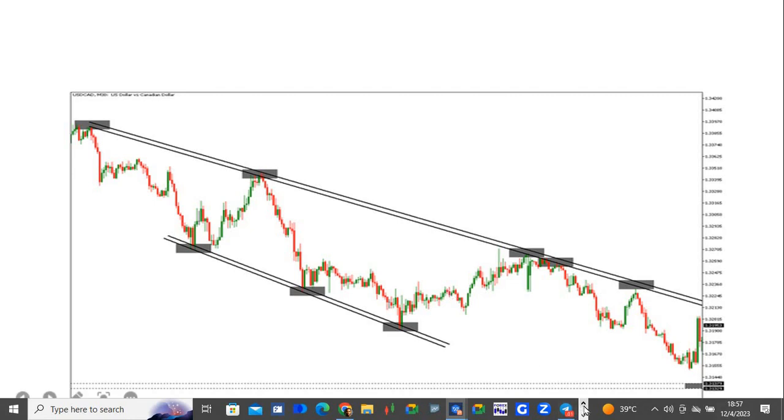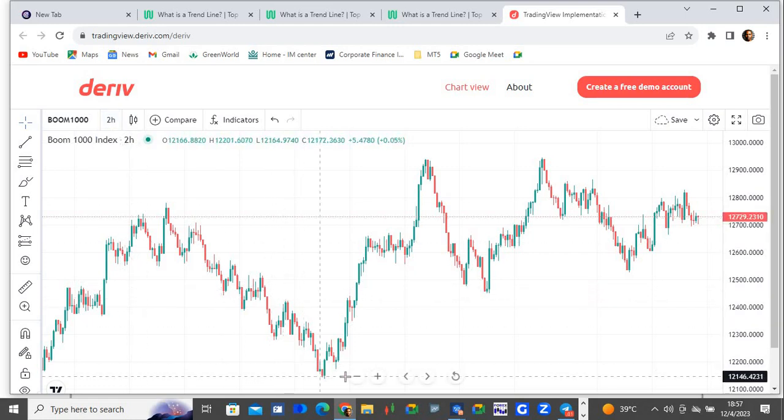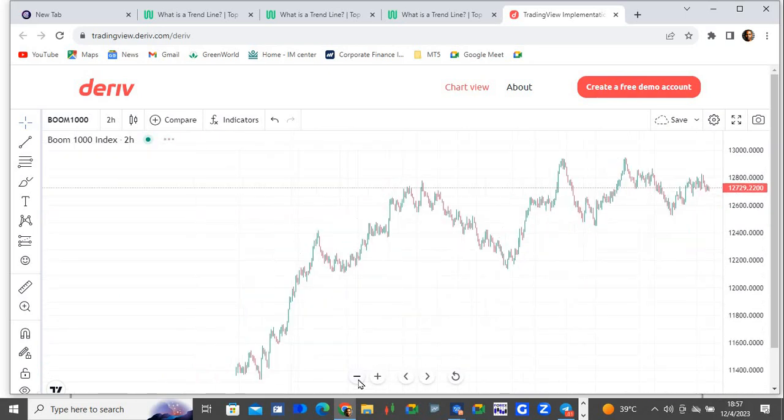Now let us go to the Leo chart so that we see what we are talking about. This is the Boom 1000, and we are looking at it in the 2 hour time frame. So let us draw our trend line.